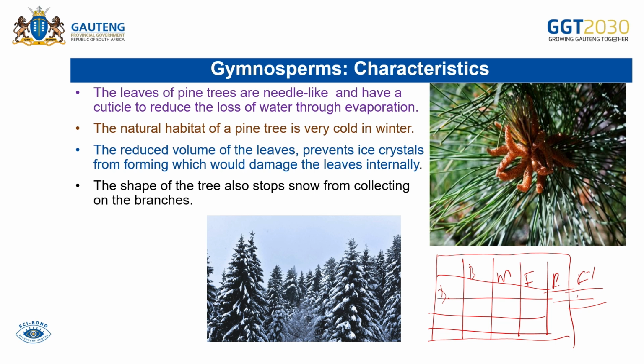Remember, it's always the male gamete that moves to the female gamete. It's always the sperm cells or the spores that must move to the female ovule or female gamete. And therefore, if the male cones were at the bottom, then the female ovule will never be fertilized. So that is one question that will come out, okay?